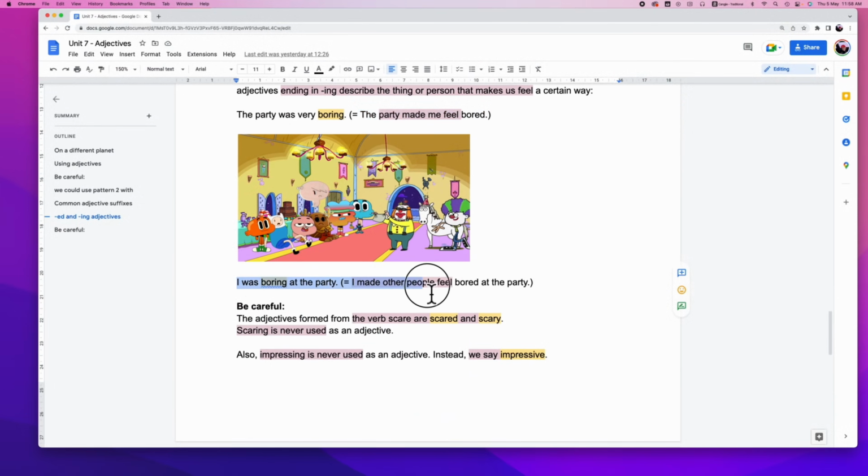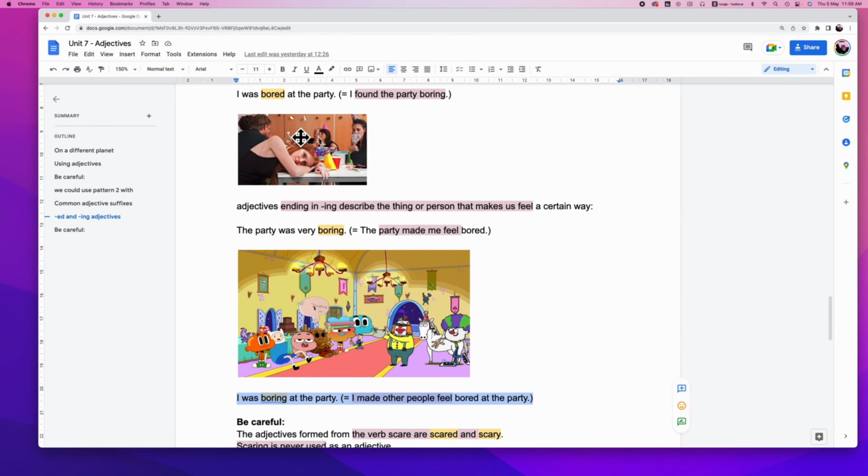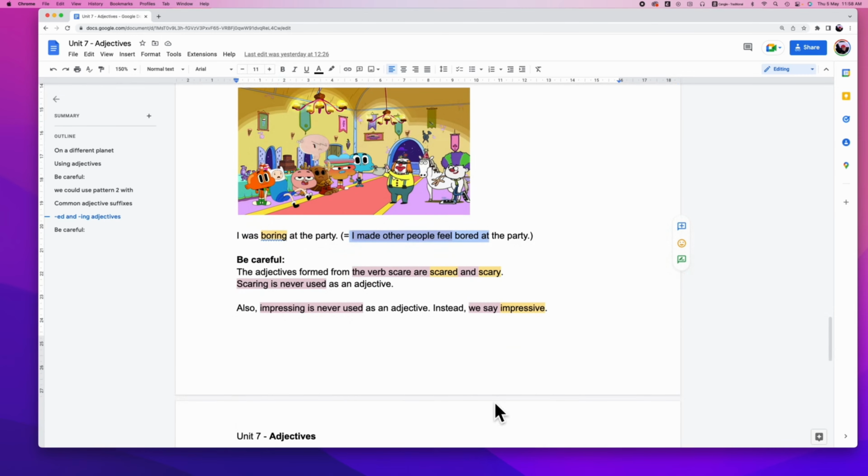I make other people feel bored at the party. Now you can see the difference between I was bored at the party, which means I feel bored, and I was boring at the party, which means I make other people feel that way. That is something you have to be careful about.